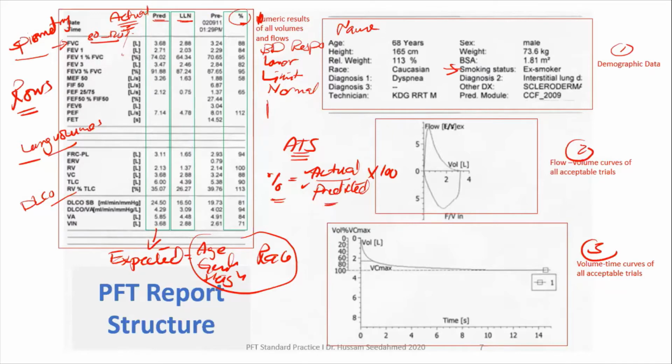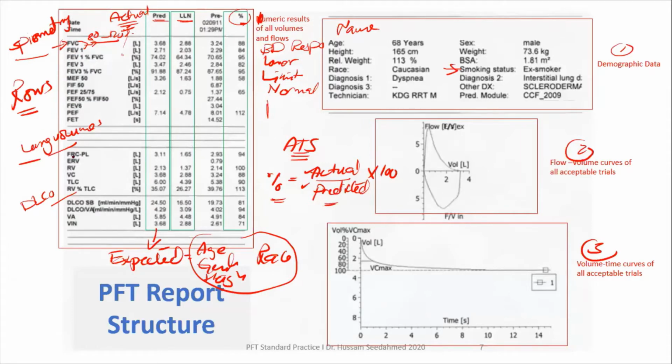Less than 80%, this is low. So this is for the FVC. FVC and FEV1, the normal for both is 80 to 120% of the predicted. Okay, this is for the spirometry.